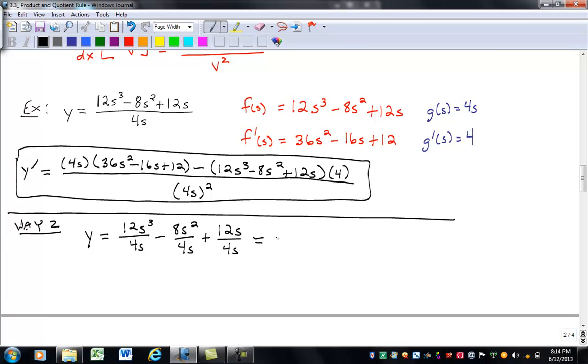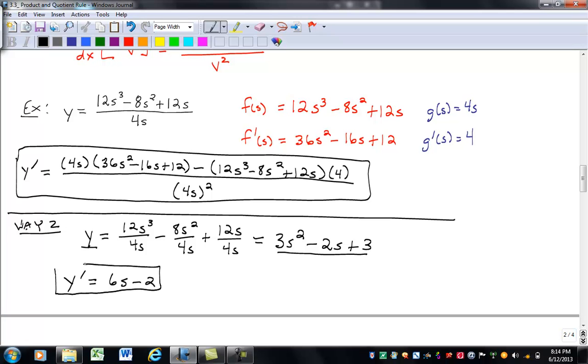And when I simplify this, I get 3s squared minus 2s plus 3. All I did was divide. I haven't found the derivative yet. But in this new form, it's easy to find the derivative because I don't need the quotient rule anymore. I divided first. And in this case, the derivative is 6s minus 2.